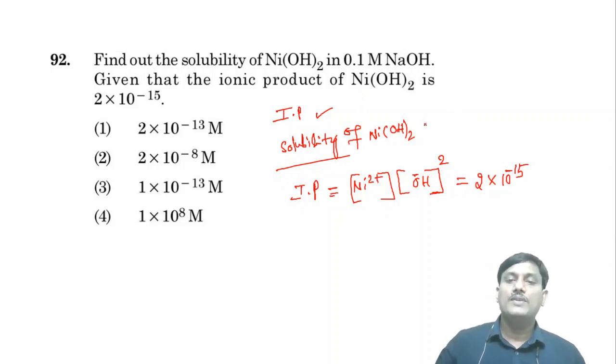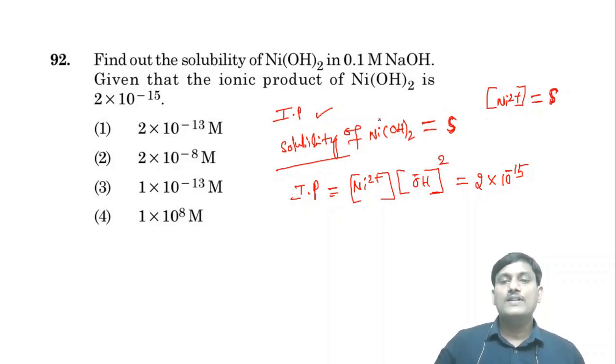Let us take the solubility of Ni(OH)2 as S. Then what is the concentration of Ni2+? Obviously this is equal to the solubility of Ni(OH)2, the concentration which comes from Ni(OH)2.